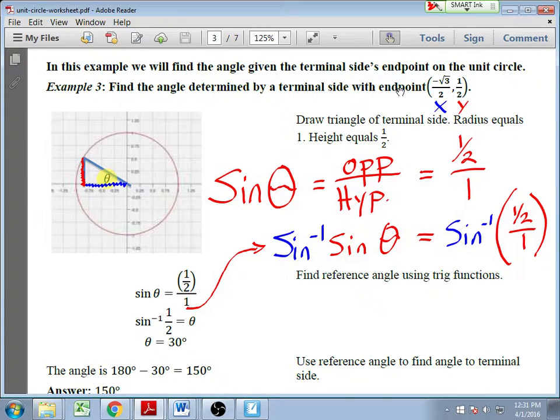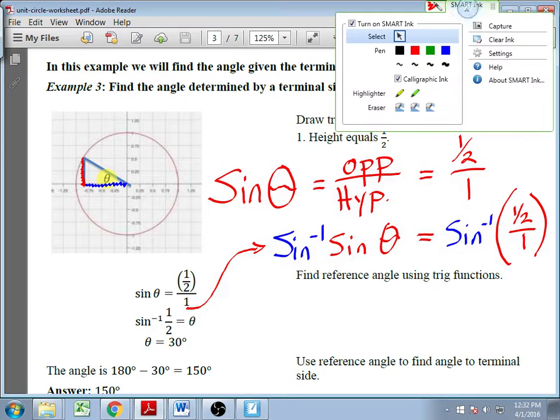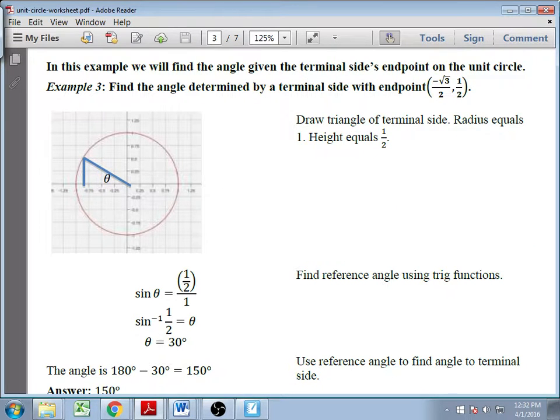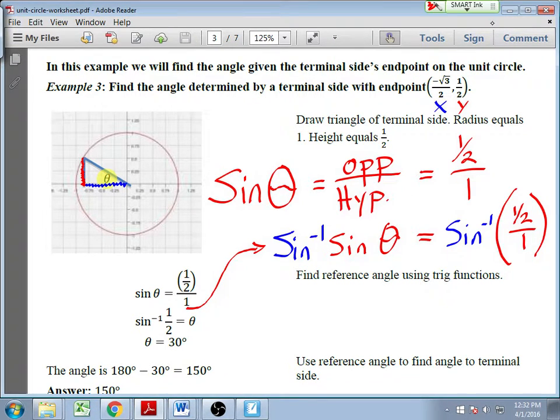How did they get 150 as their answer? I'll show you in just a second. Any questions on why? I didn't erase it. Any questions why I did what I did? We're using inverse sine to cancel out the sine so I can isolate the theta.